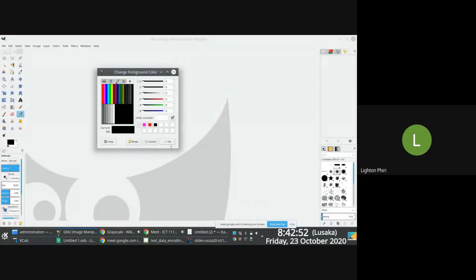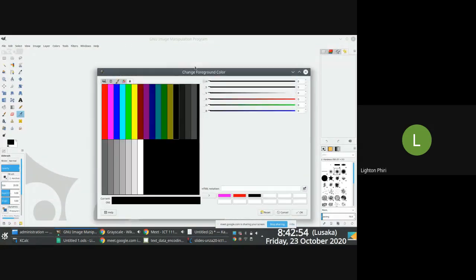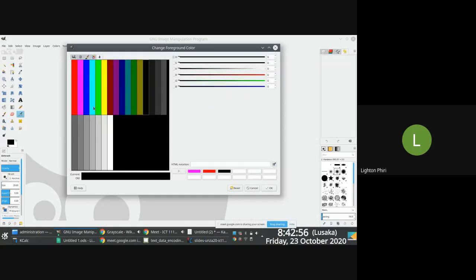Look at this, I'll use GIMP here. How do we create red? Forget the saturation, and I don't know what the V is here, but just concentrate on the RGB.